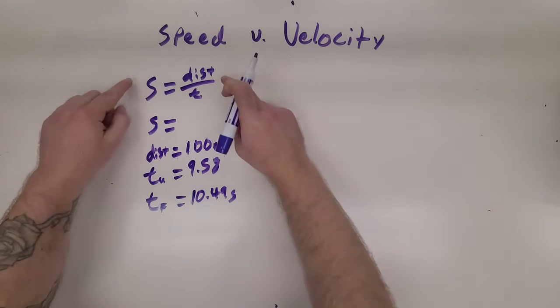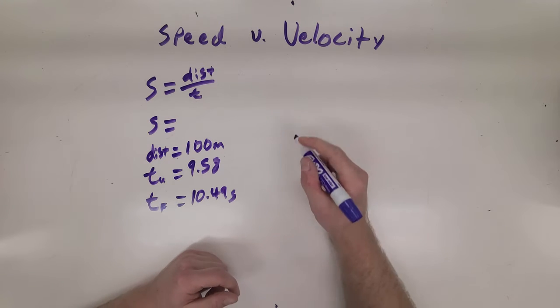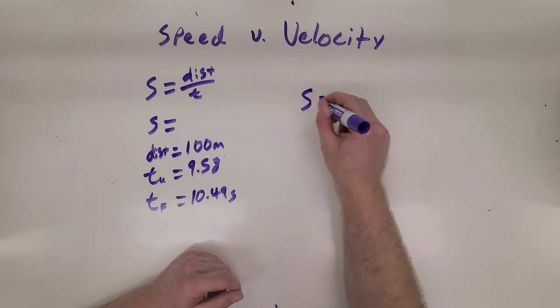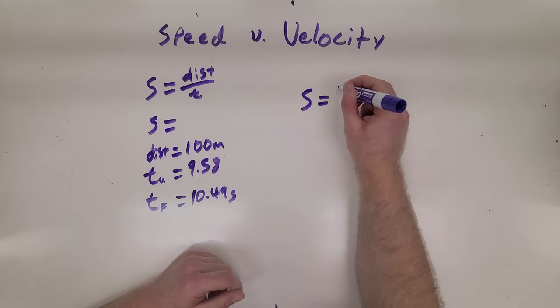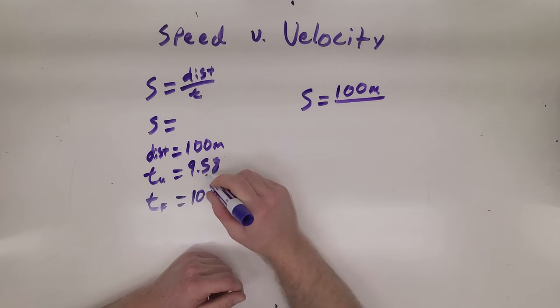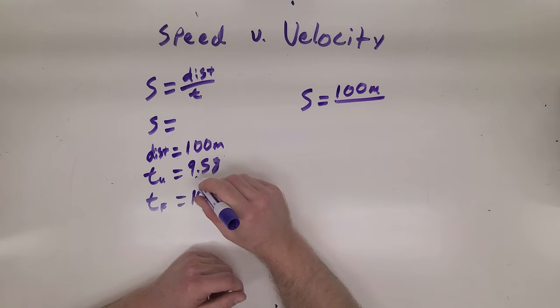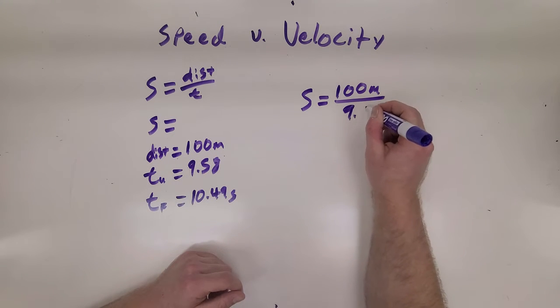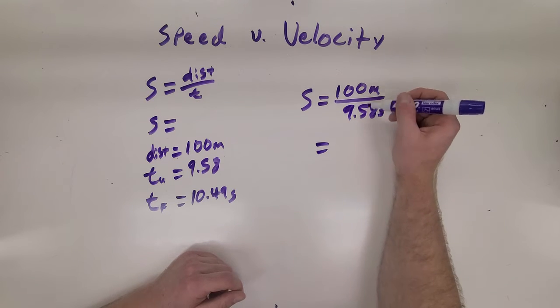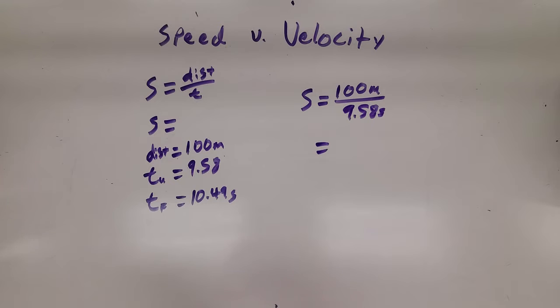We just plug this information into the formula. Your distance was 100 meters, so S, which we don't know, equals 100 meters over Usain Bolt's time, which we'll find first: 9.58 seconds. So we just go 100 divided by the time.